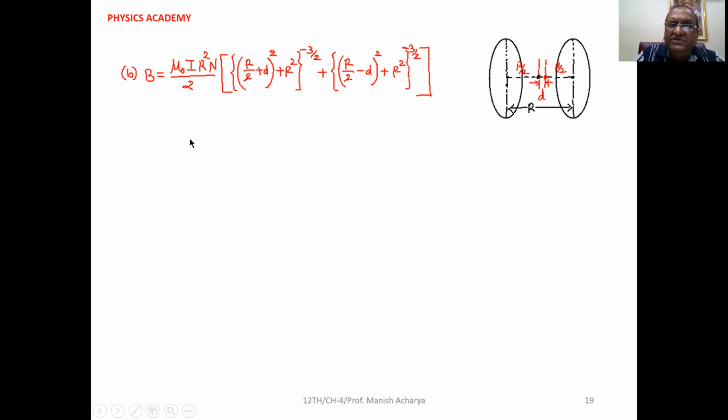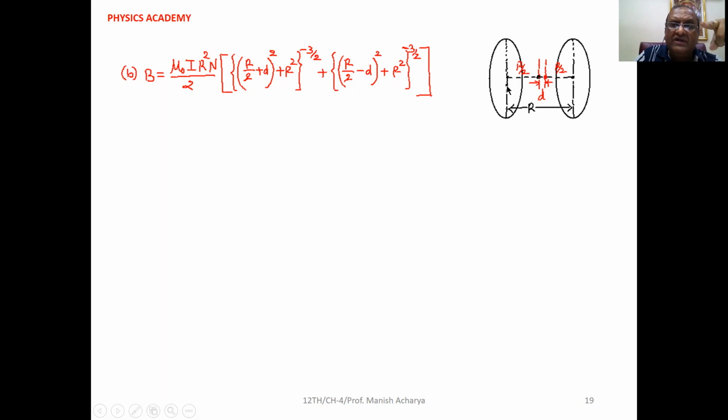Now in our equation, mu 0 I r square n upon 2 into (x square plus r square) raised to 3 by 2, x is replaced by r by 2 plus d for the first coil and r by 2 minus d for the second coil, and mu 0 I r square n by 2 is common from the equation of fields of both coils.